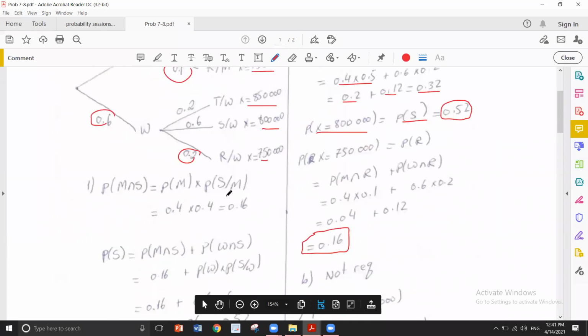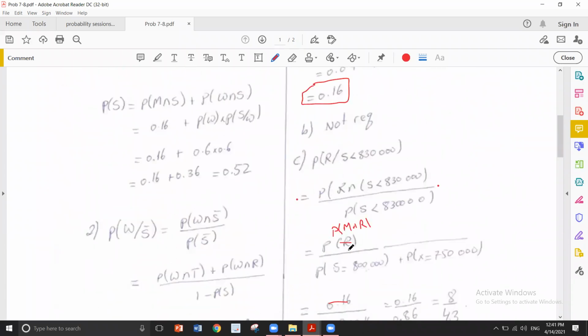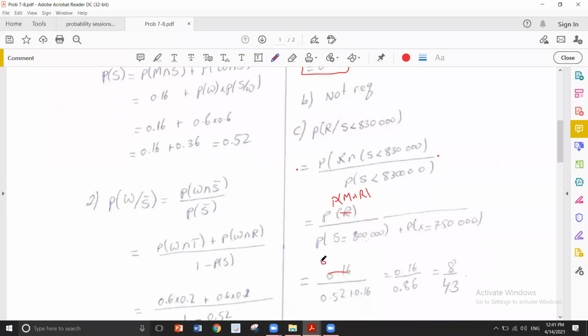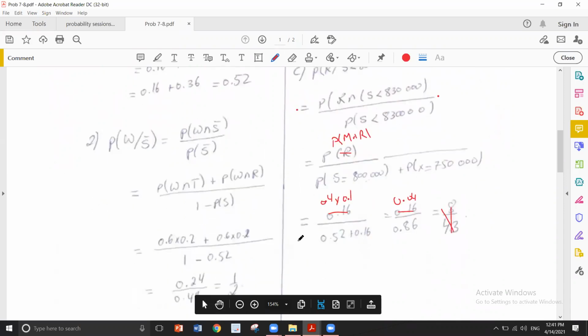Man and do nothing is 0.4 times 0.1, which equals 0.04. You find this answer and it gives 2/43.